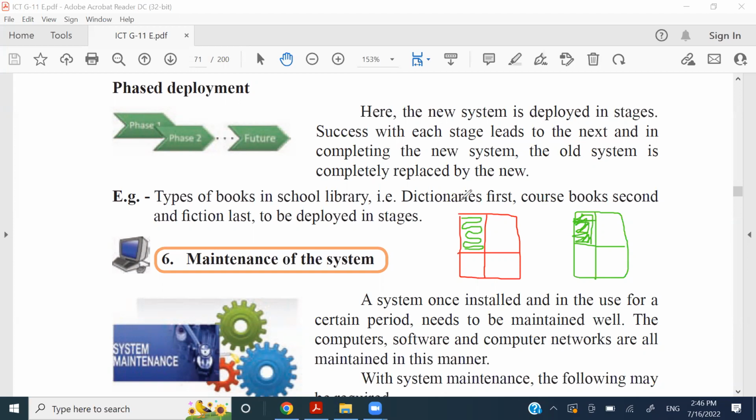The new system also has these components, but in a much more advanced manner. According to the paced deployment, we can suggest doing the teacher admitting part and the resource management part according to the old system, and replacing the student admitting part with the new system. That is the student admission pace, a part of it.